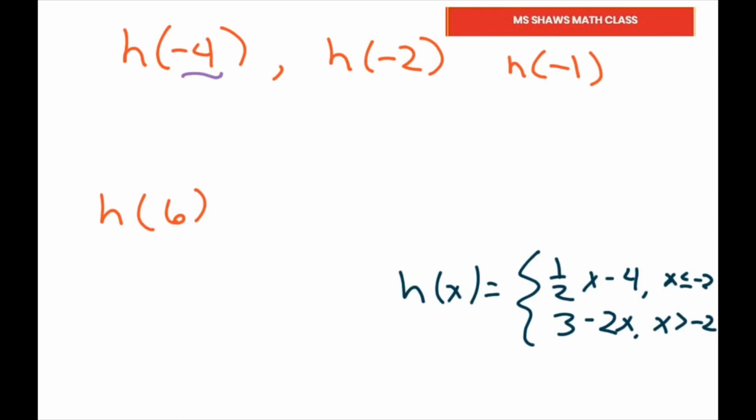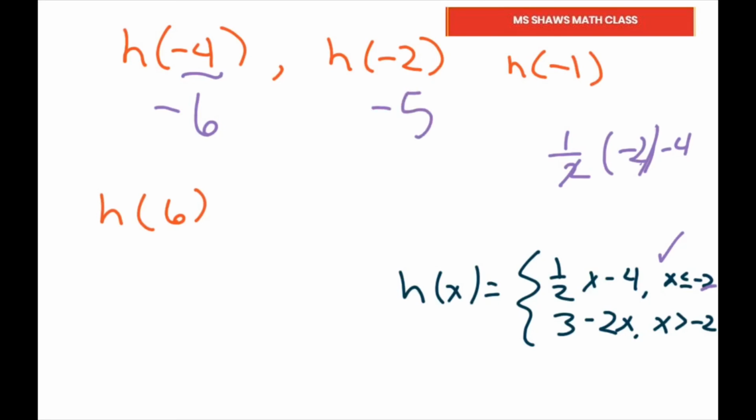So all you're doing is plugging into the appropriate piece. So -4 goes into the first portion. When you plug in -4, you're going to get 1/2 times -4 minus 4. That's -2 minus 4, which is -6. So this equals -6. If I plug in -2, we already did that one. That's going to equal -5.